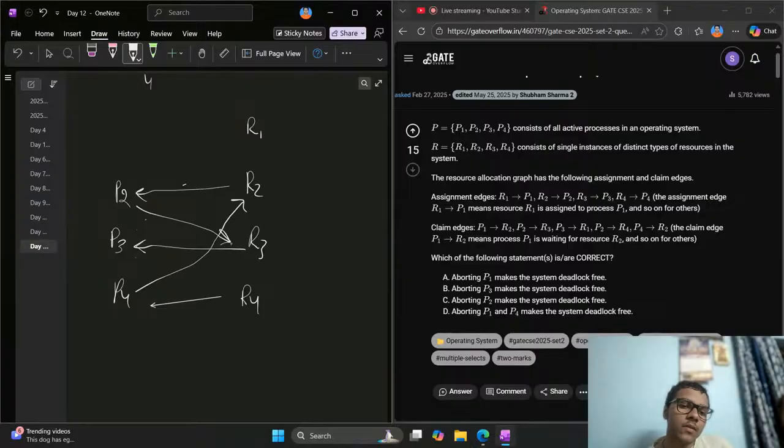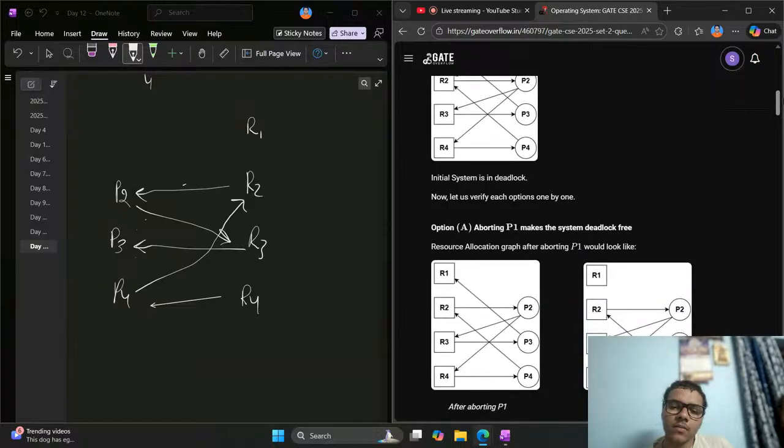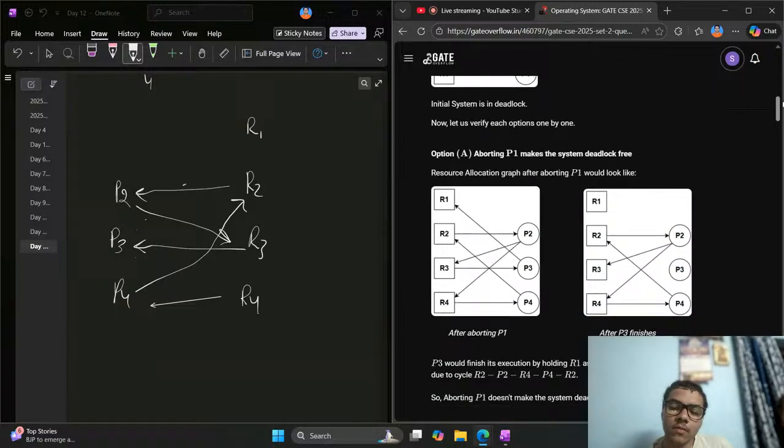No, what's wrong? Should we include that edge or what? R2, P2, R4. P2 to R3 and R4.